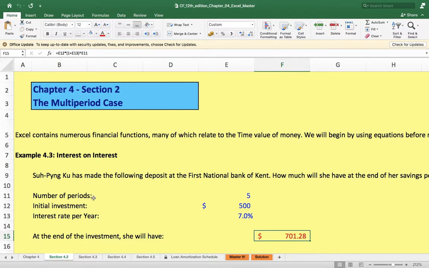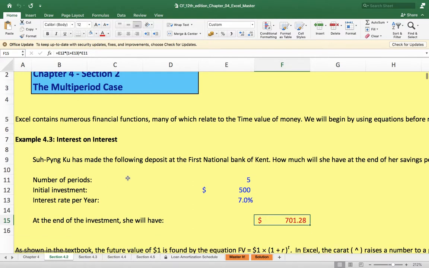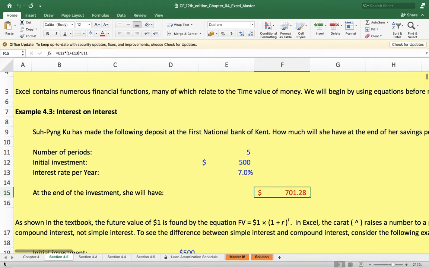Let us do it. The first question is example 4.3, that is interest on interest. The number of periods is calculated. Before starting this exercise, let me explain. Whichever is written in the blue font is the given data.